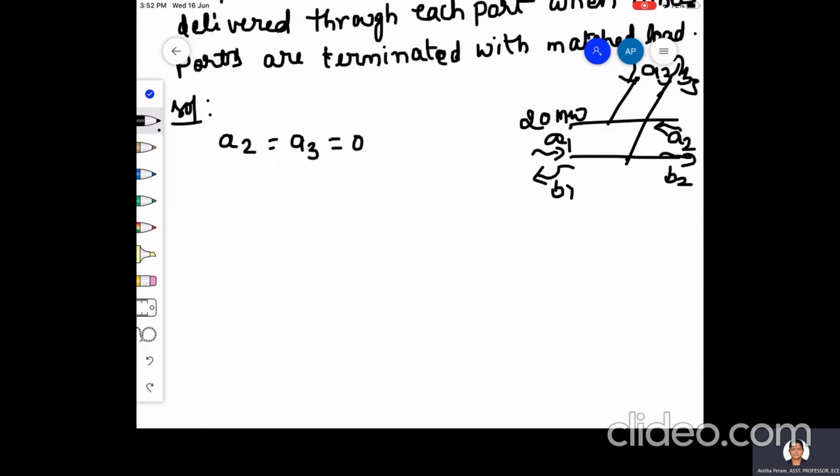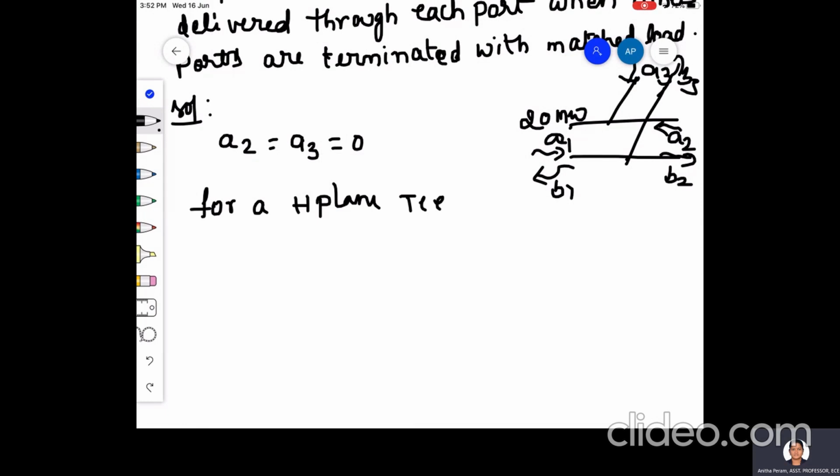First, to evaluate the effective power at the input port for an H plane T, we already know the S matrix.